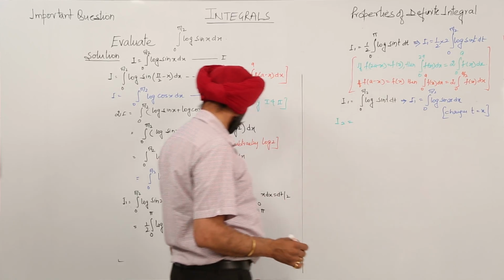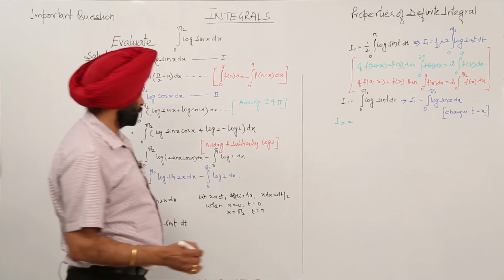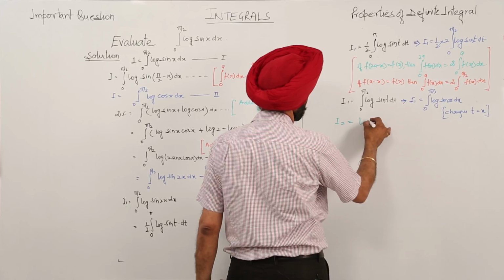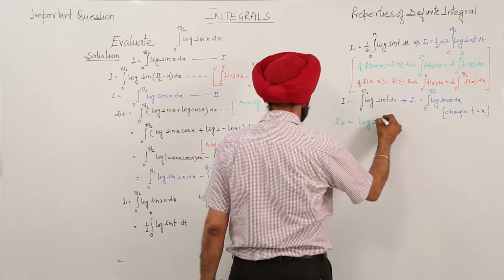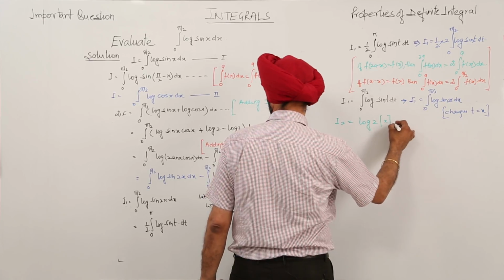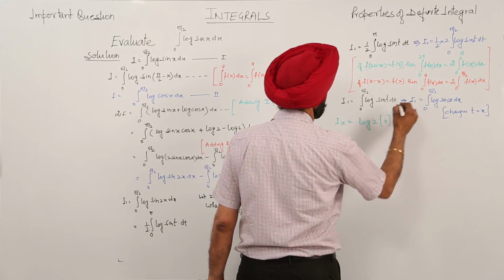Now I2 was the integral from 0 to pi by 2 of log 2 dx, which is log 2 times x from 0 to pi by 2.